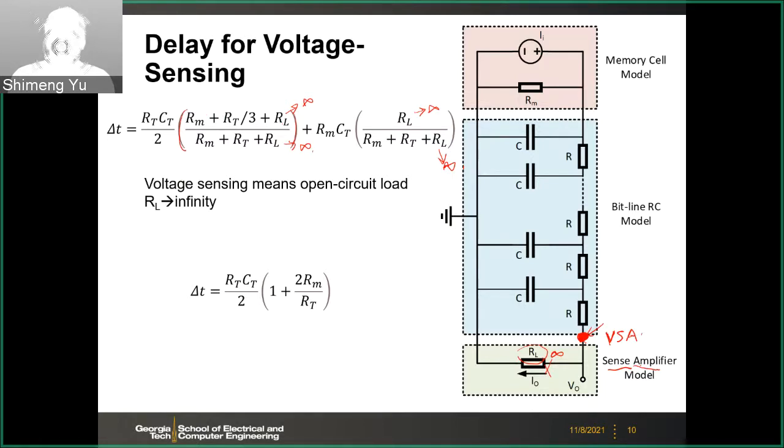So it's like infinity divided by infinity. What is that? Mathematically, 1, right? Then similarly here, this is also 1. Then this is much simplified. If this is 1 and this is 1, then you will get the delta T like this for the voltage sensing.